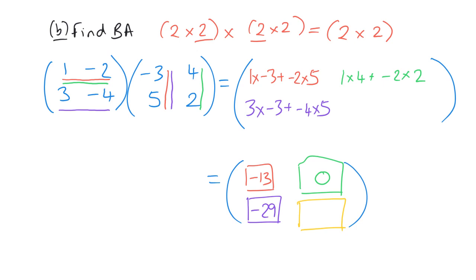And the yellow one then is the second row and the second column. So we multiply the second row by the second column. So 3 by 4 plus minus 4 by 2. So we get 3 4s are 12, take away 8. So we get 4 in the yellow box.